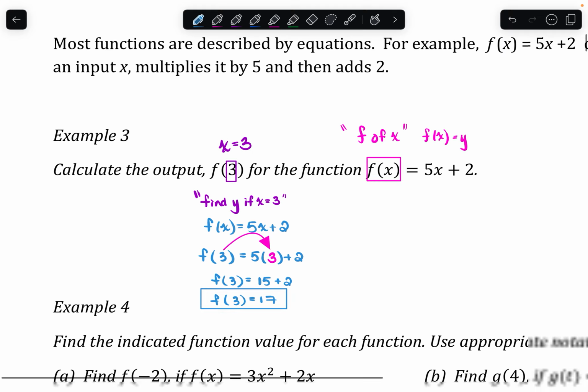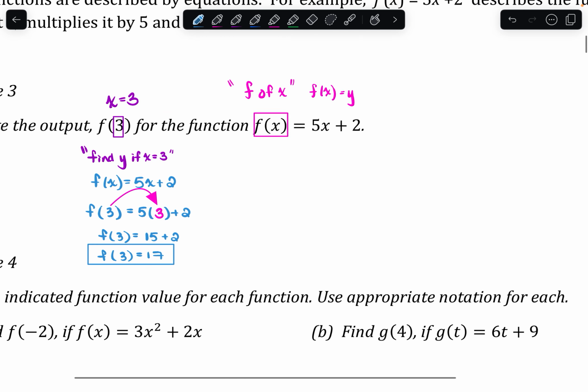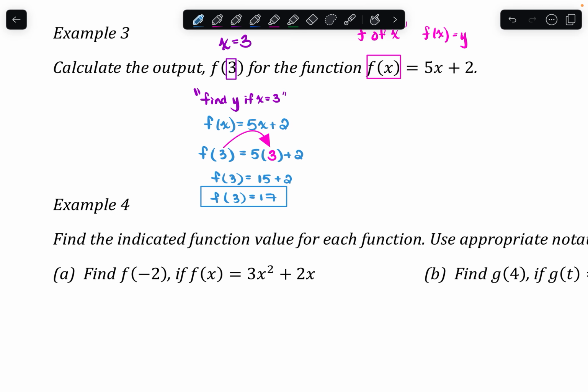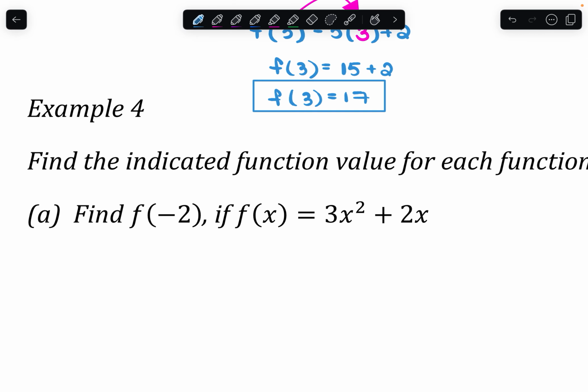All right, example 4. Find the indicated function value for each function. Use appropriate notation. We're doing the same thing we just did. Find f of negative 2 if f of x equals 3x squared plus 2x. So again, f of negative 2, what is y if x equals negative 2?